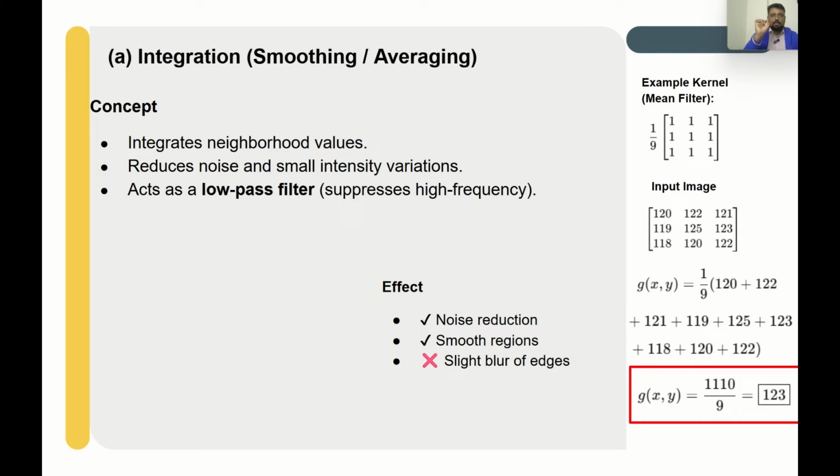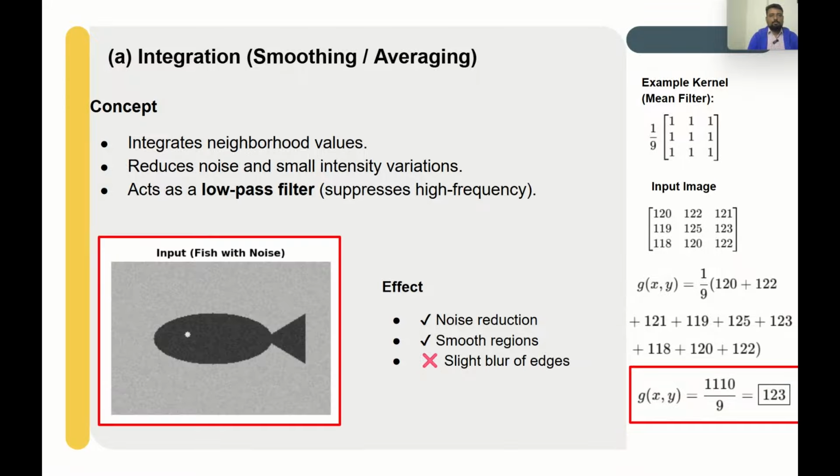For example, a value of 255, totally white, will become 220. So the brightness reduces at the corners and it looks like a slightly blurred image, but ultimately it smoothens the complete image. You can see the effect here. The corners were very dominant before, but now they are not. That is the effect of integration.